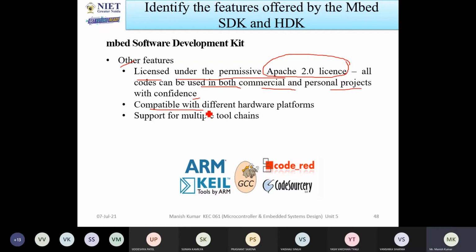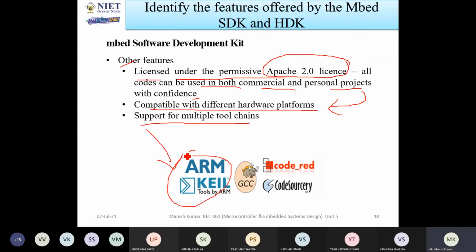Now it is compatible with different hardware platforms also. So there are many other hardware platforms available, except the ARM Cortex M series. In that also you can write the programs. Support for multiple tool chains. So it is supported by multiple companies, multiple software, multiple hardware. Like I have given examples, ARM Keil.